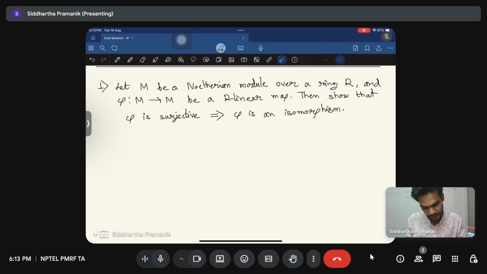So basically it says if you have a Noetherian module and if you have a module homomorphism from that module to itself, which is surjective, then that map has to be an isomorphism. So this is a useful property of Noetherian modules. So let's prove this. It's very easy actually.